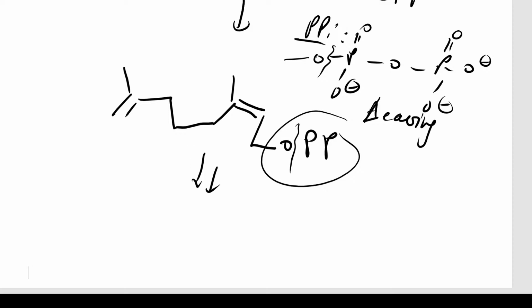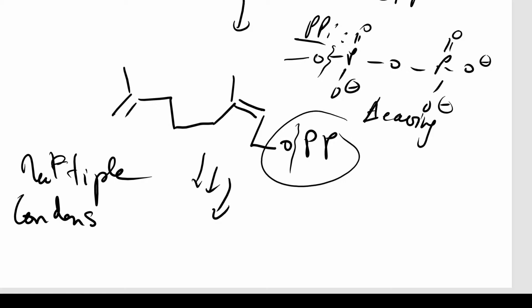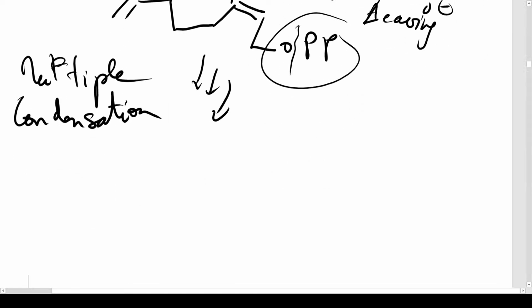And there's also TPi, but TPi is more unstable. So after multiple condensations, you can get squalene. Oh, here we go. Squalene.